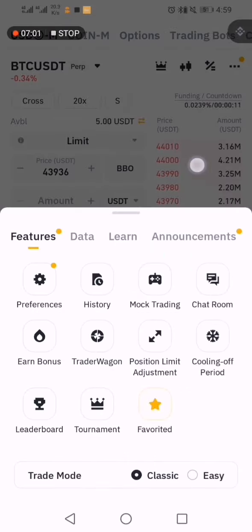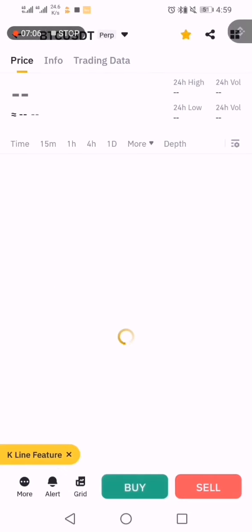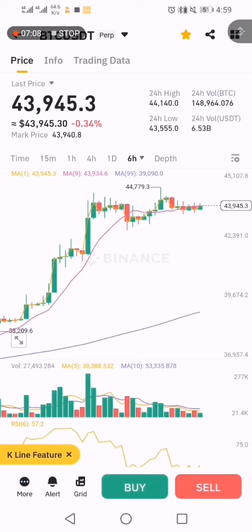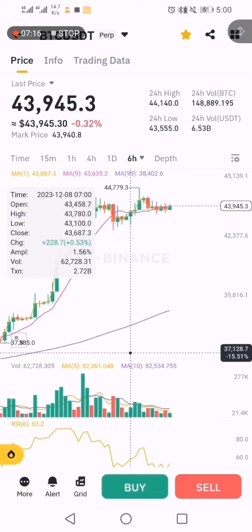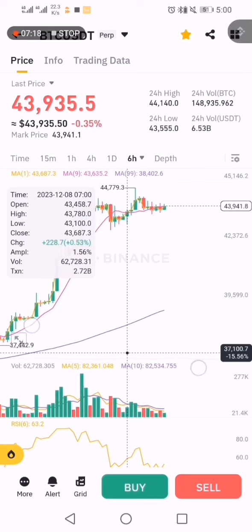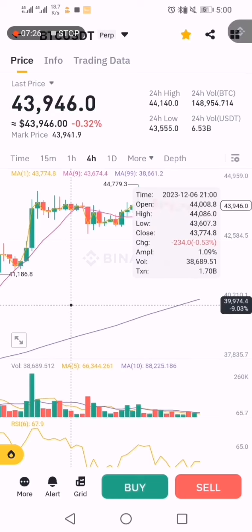Alright, now let's check the chart, and we can see what we have there. I have moving averages: 1 day, 9 day, and then 99 days. So there we have it. Let's change the charts.